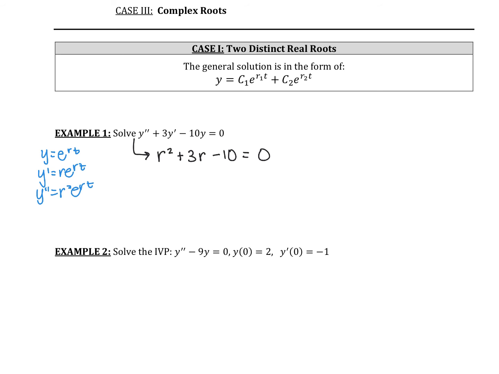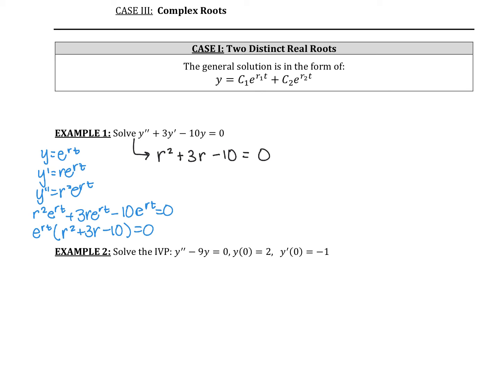And if I made a substitution for y prime and y double prime, we'd end up with r squared e to the rt plus 3r e to the rt minus 10 e to the rt equals 0. And then what would we notice? Well, we would notice that we could factor out an e to the rt, and I'd be left with r squared plus 3r minus 10.